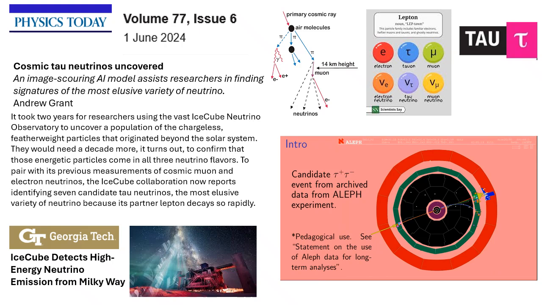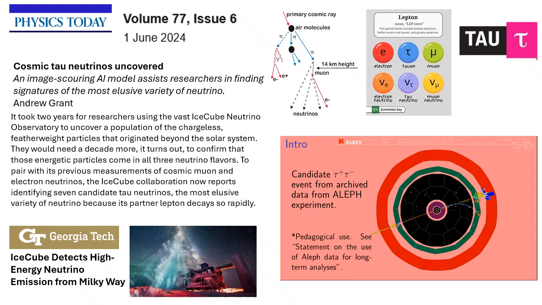The Aleph detector was a cylindrical detector, and what we're seeing here is a cross-section of the detector. The various concentric structures are different parts of the particle detector. In the detector, an electron and positron collide, and they annihilate in the center of the detector, and they produce a tau plus tau minus pair.